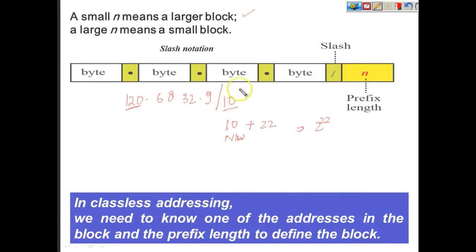And if I take, let's say, 20, then I have 20 bits for the network and 12 bits for the host. That means in this scenario I can have only 2 power 12 IPs in my network. So when this value is small, you have a larger network size. If this value is more, then you have a smaller network size. This is what this slash means. So in classless addressing, it is mandatory that you know the address along with the slash value. Only then can you get the information about the network.